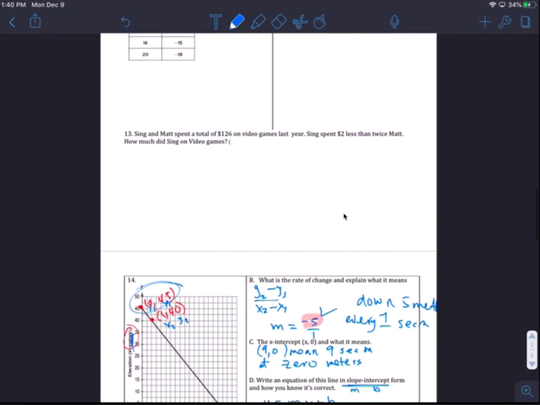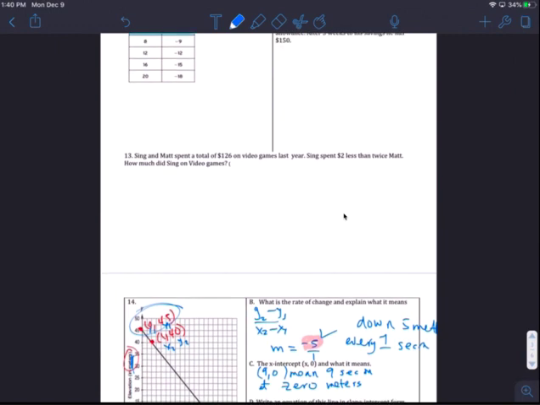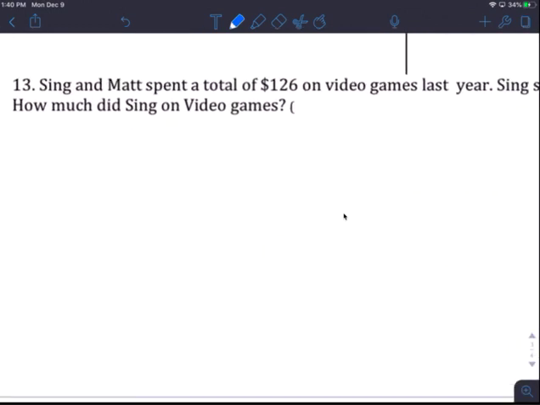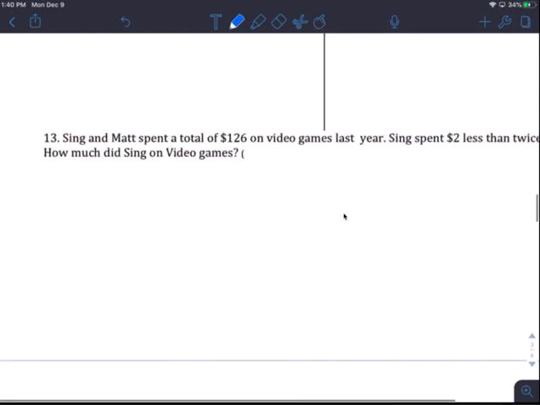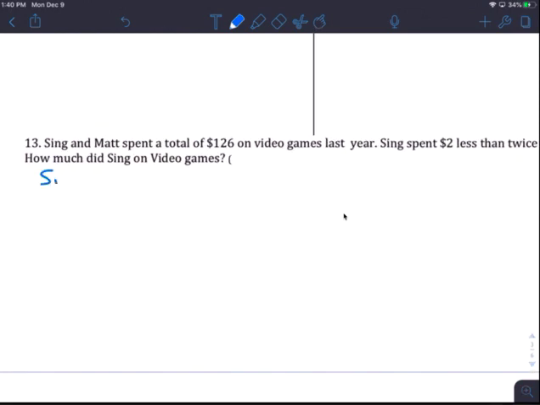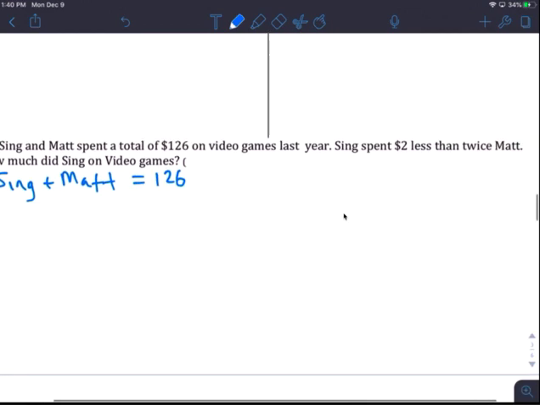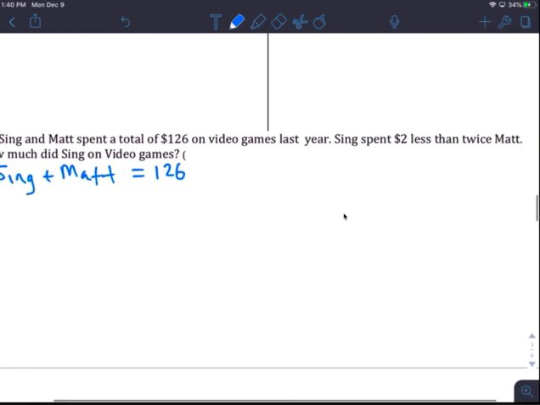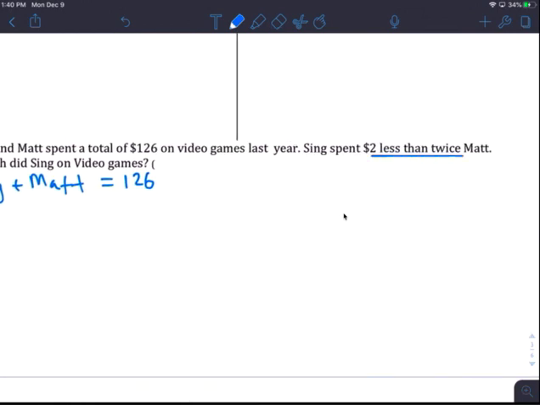Okay, and then we did 13. I'm going to work backwards. So we'll work backwards. 13, Sing plus Matt, Sing plus Matt spent a total of $126. So Sing spent 2 less than Matt, so we could give Matt x.